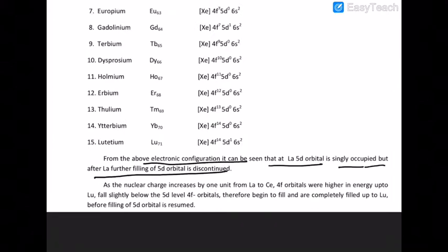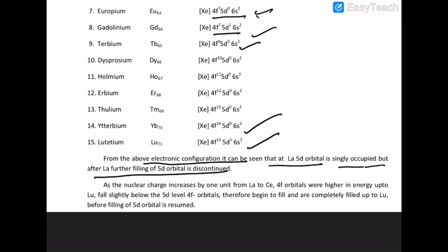You can easily see that europium has 4f7, and gadolinium also has 4f7. Now look at that, both are f7. It indicates that half-filled orbitals are highly stable. Terbium has f9. Then ytterbium and lutetium both show f14.